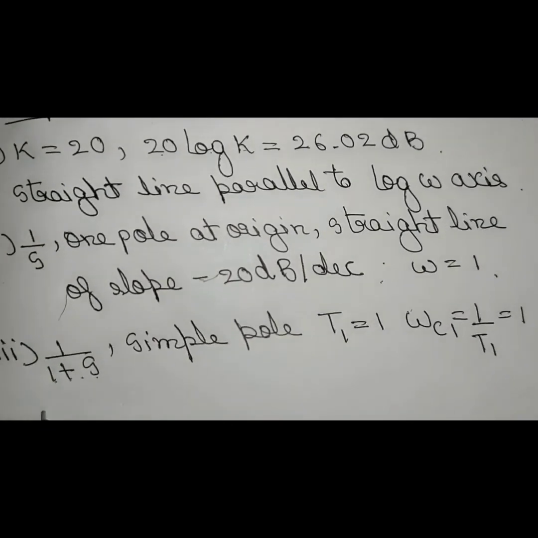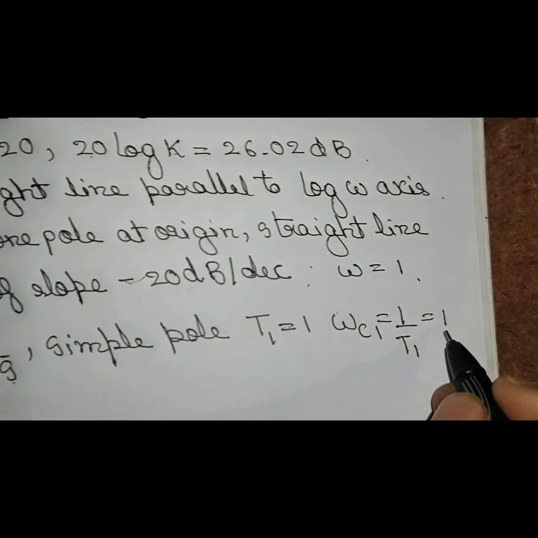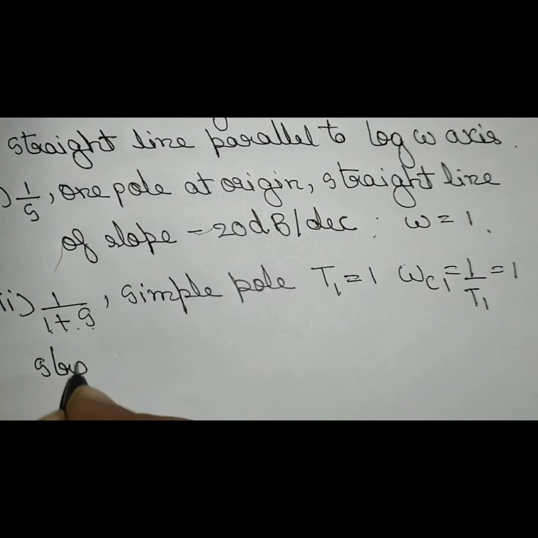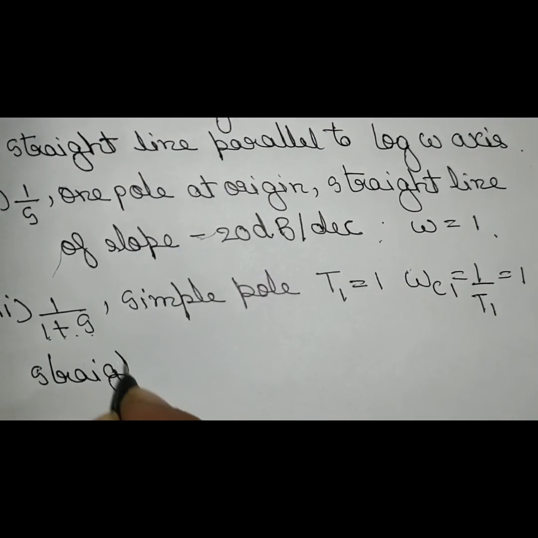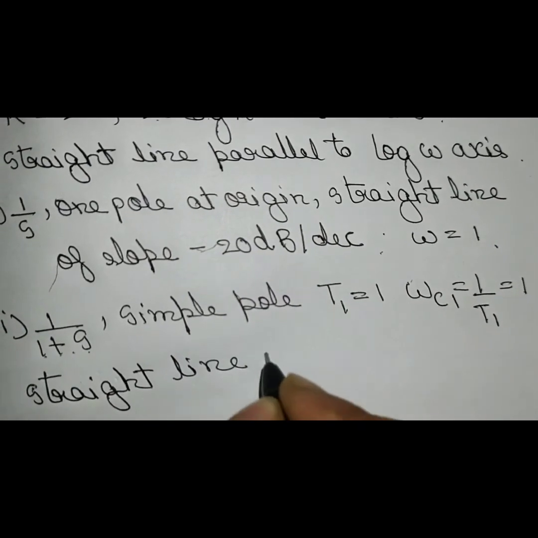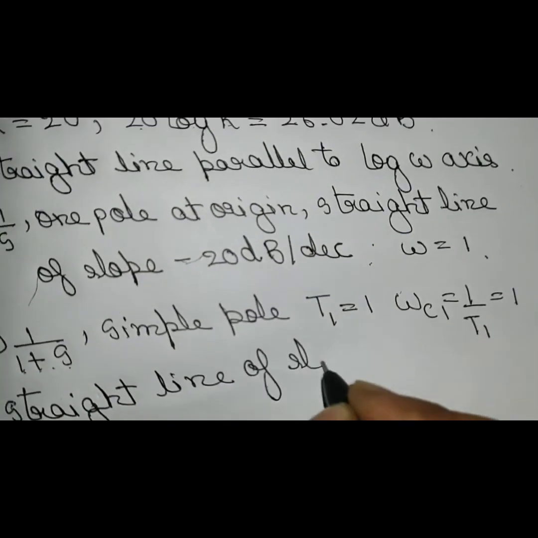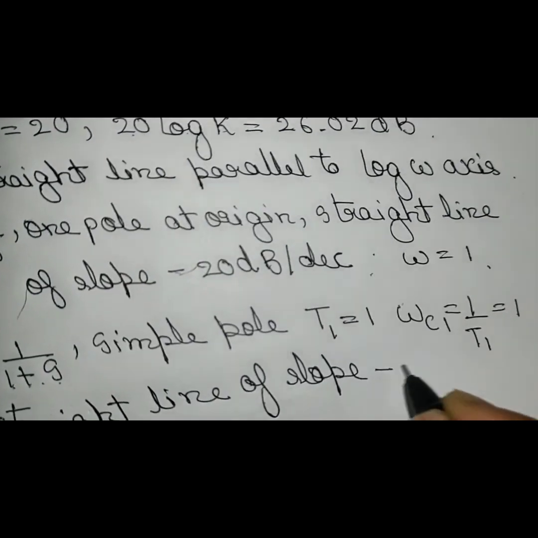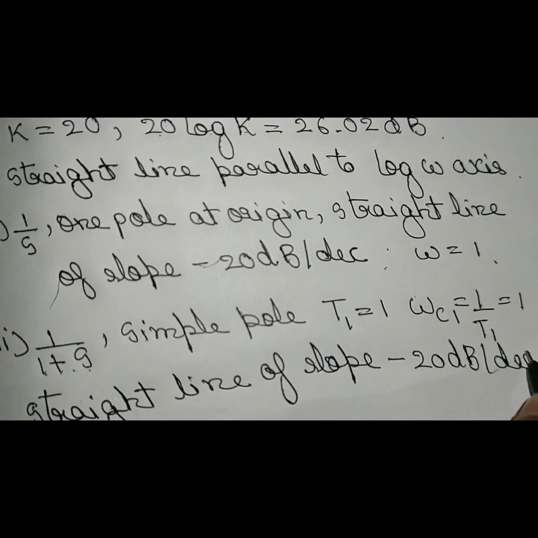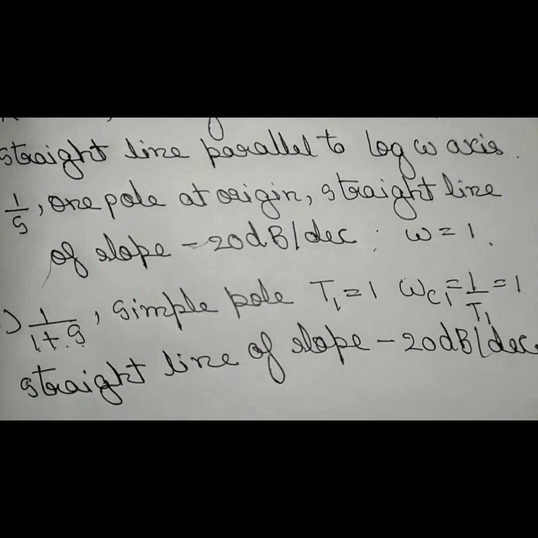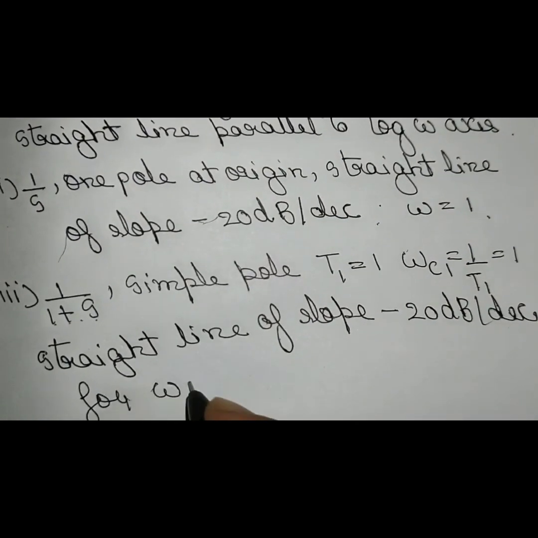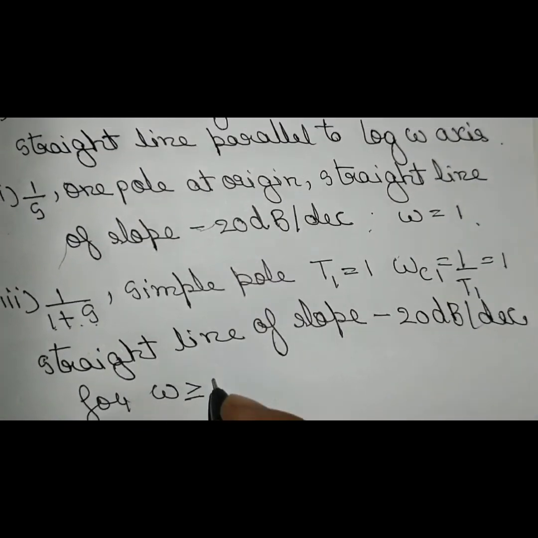So omega C1 equals 1. Straight line of slope minus 20 decibels per decade for omega greater than or equal to 1.